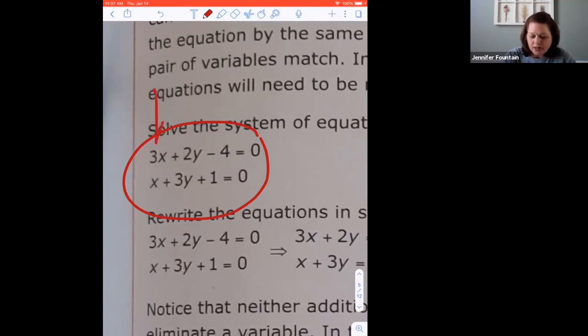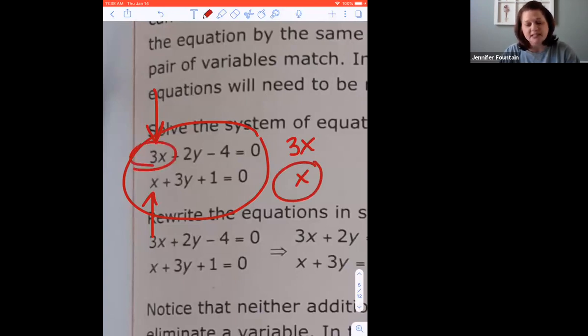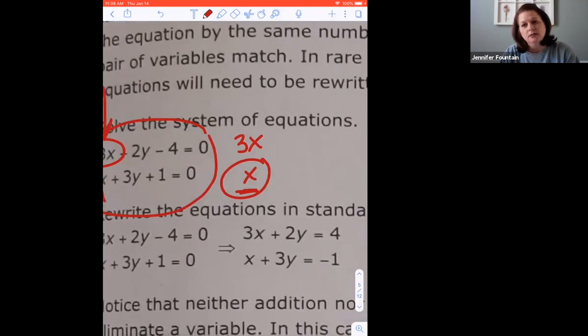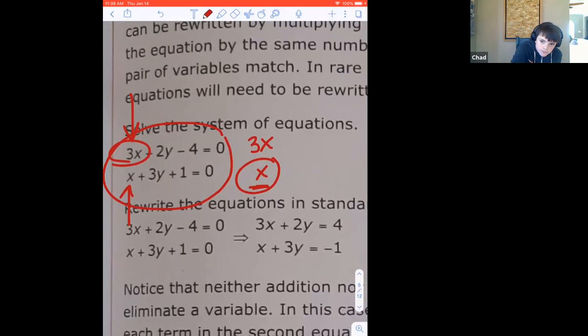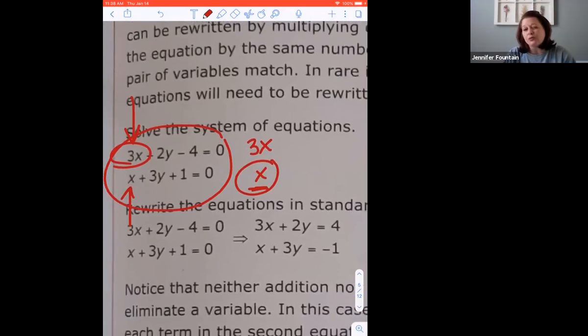So let's start with 3x and x. If I wanted to make these opposite terms, in this one I have 3x, and in this one I have x. What could I do to this x to make it the opposite of 3x? Well, I couldn't just subtract 3x from it.